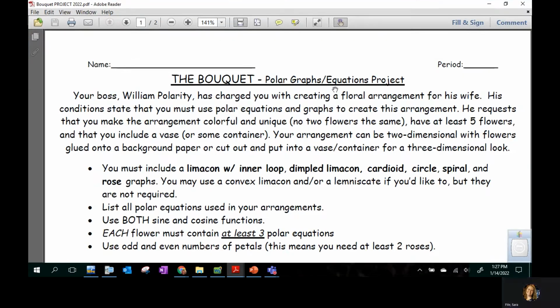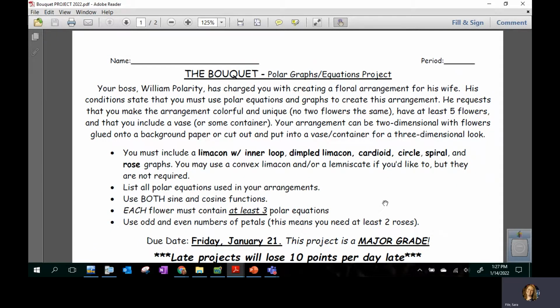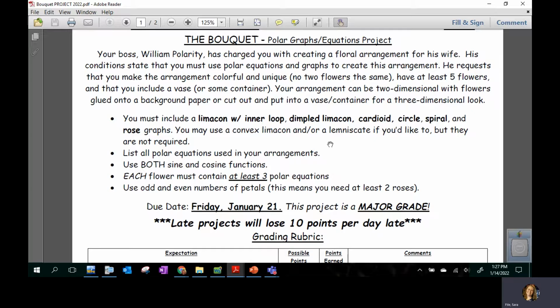Okay, so in class, you're getting a hard copy of this and it's on like a bright lime green paper, so you won't lose it. Okay, but you're being tasked with creating a bouquet of flowers of polar equations. Okay, this goes through the details of what has to be included. You have to have 5 flowers with at least 3 equations each, plus some sort of vase or container.